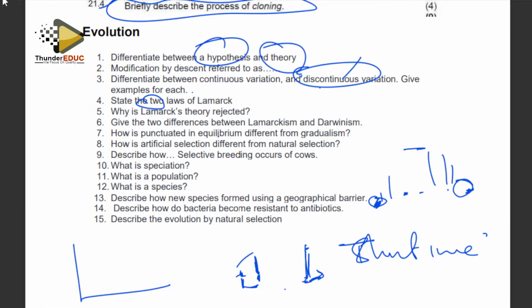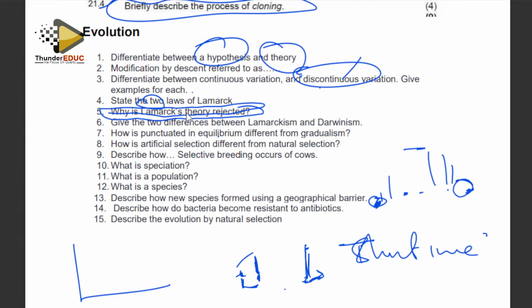They are asking, why is Lamarck's theory rejected? Lamarck's theory is rejected because there is not enough evidence to support it. But you don't write it in the exam like that. You say that there is not enough evidence to show that giraffes stretched their necks to become long.